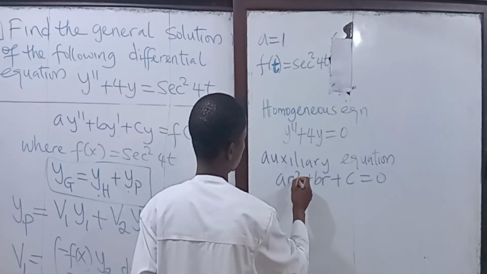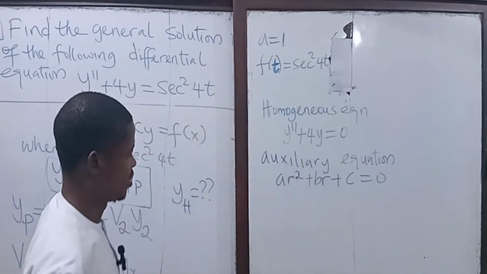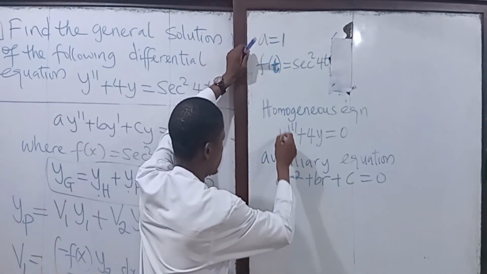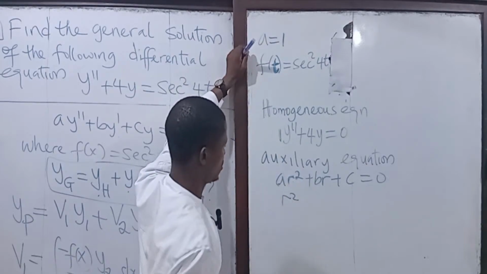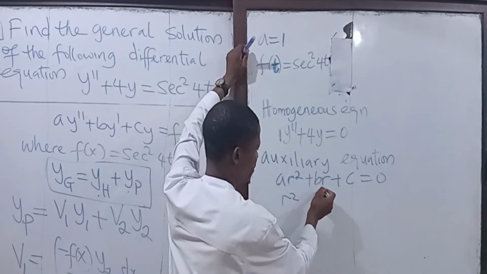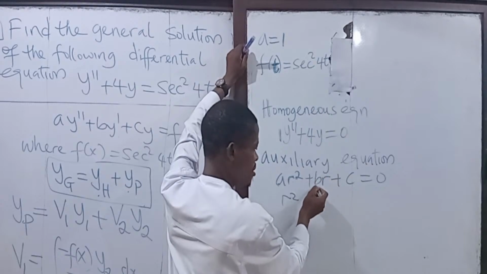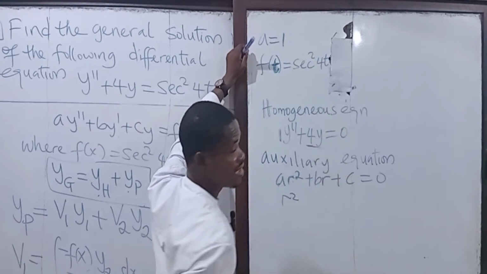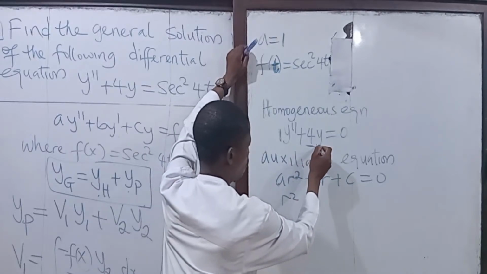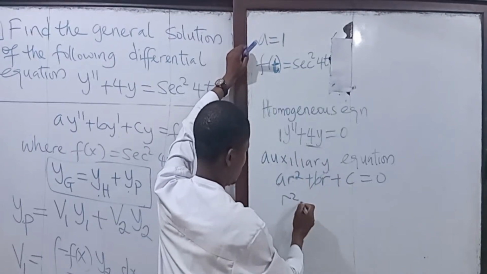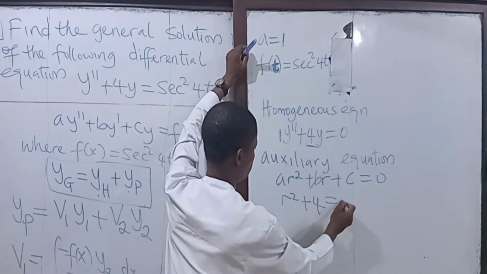The attachment to your second differential is a, so that's a r squared. The attachment to your first differential is b, but we don't have a first differential in this equation, so this cancels. The attachment to your y is c, so plus 4 equals 0.